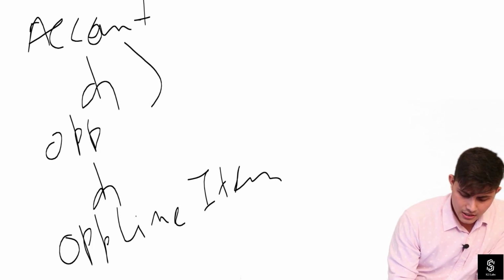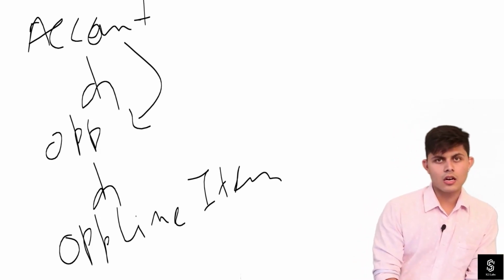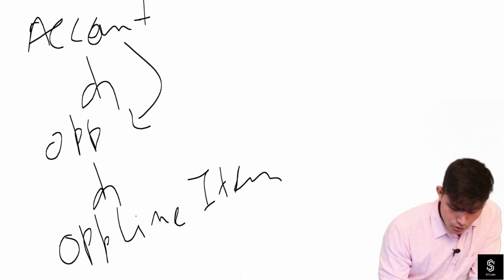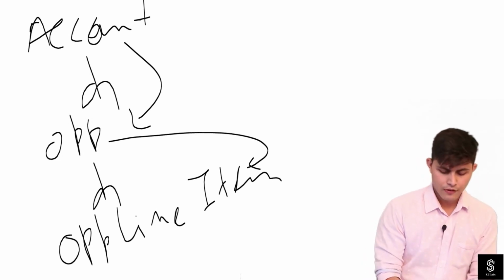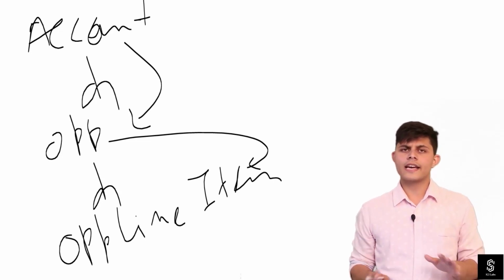I can get the information of the associated opportunities of that account with a parent to child relationship query. But will I be able to write an inner query inside an inner query which fetches the records from opportunity and then the records of opportunity line item? No, I cannot do that.